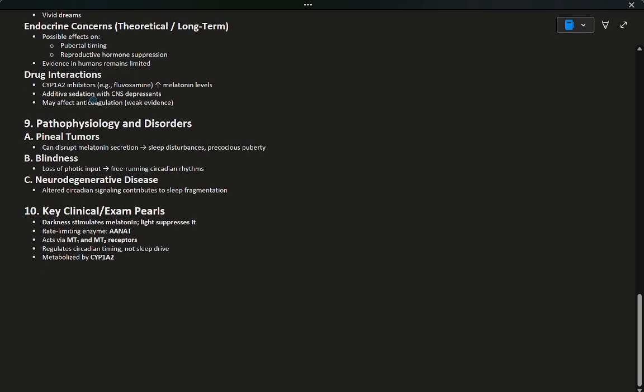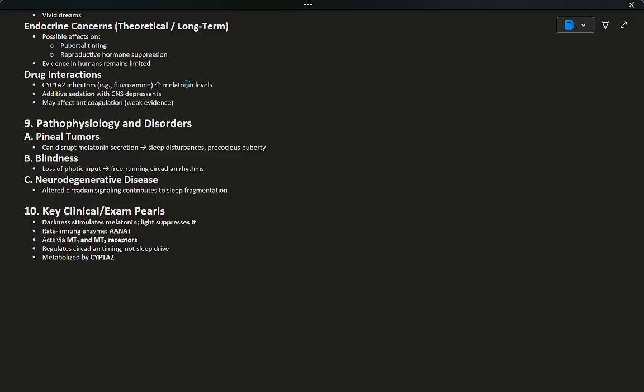And then, most importantly, watch out for drug interactions with other drugs. Because melatonin is metabolized by the CYP1A2 enzyme in the liver, if you have a drug that inhibits this enzyme, like fluvoxamine, then you're going to have increased melatonin levels because less melatonin will be metabolized by this enzyme.